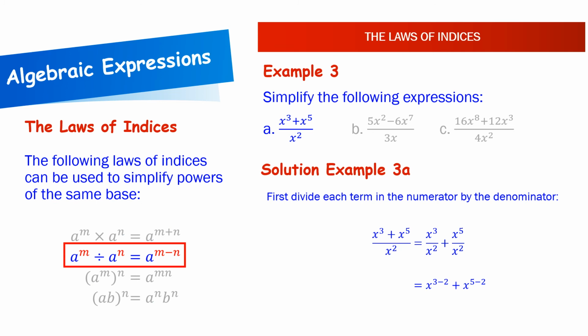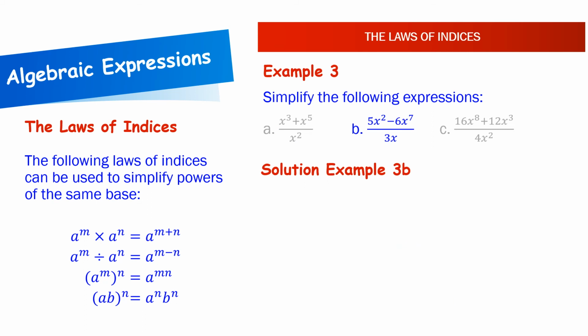And then using the second law of indices, subtract the indices here, 3 minus 2, and here, 5 minus 2. And then tidying up gives us x plus x cubed, as shown.